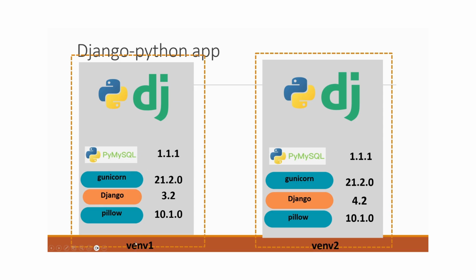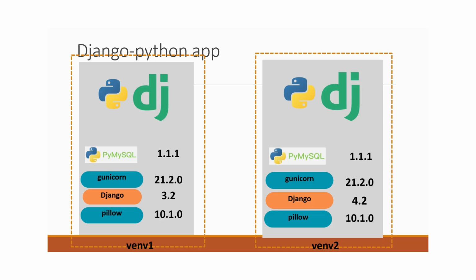For example, virtual environment 1 can contain the packages for Django application 1, and virtual environment 2 can contain the packages for Django application 2. This is okay, but it won't help if the application is relying on some packages on the operating system itself.